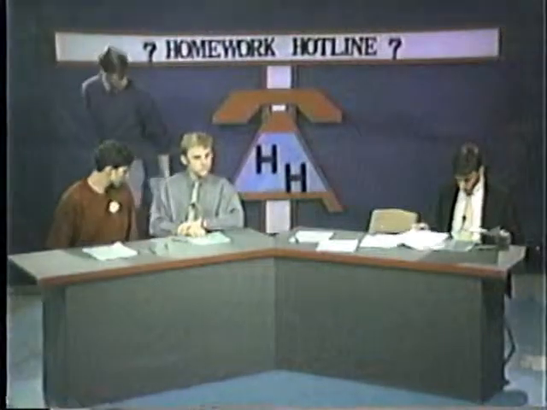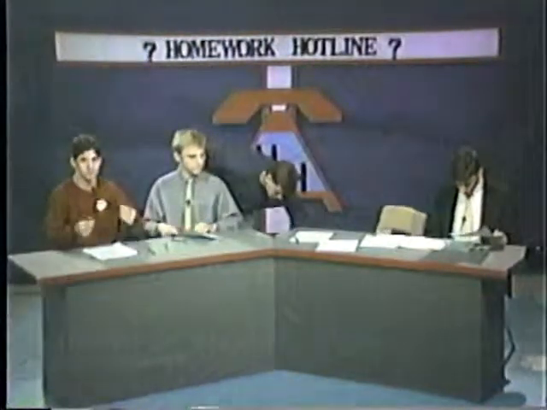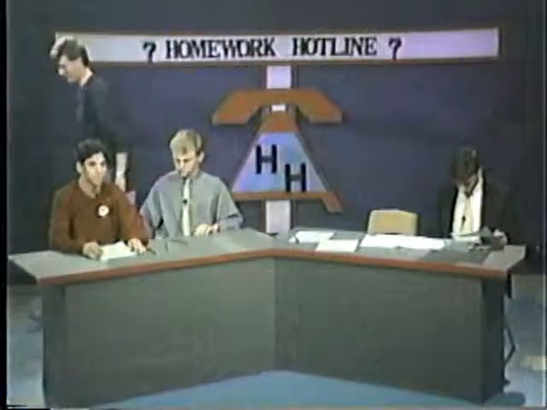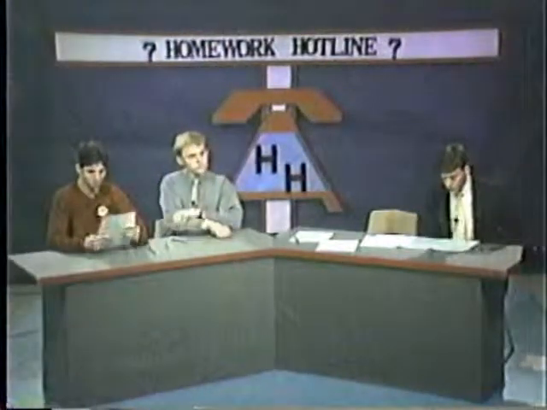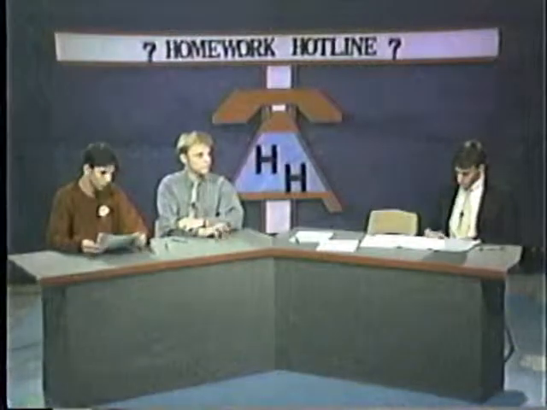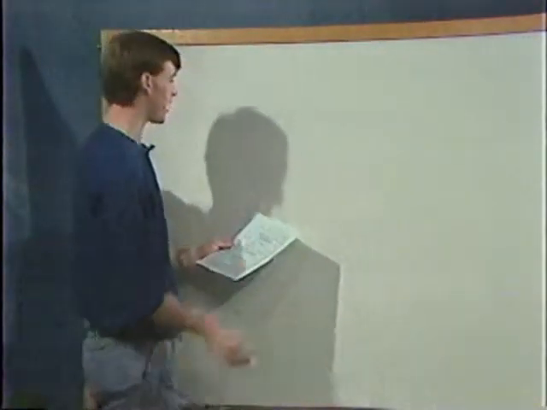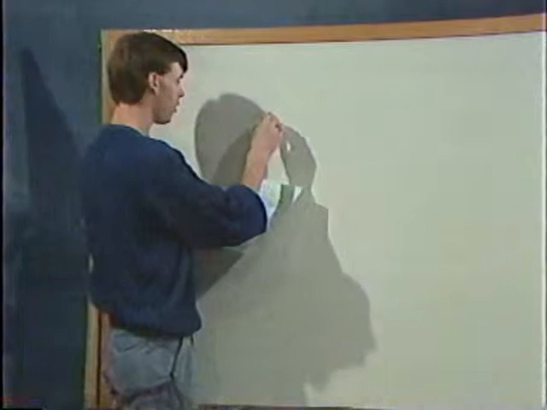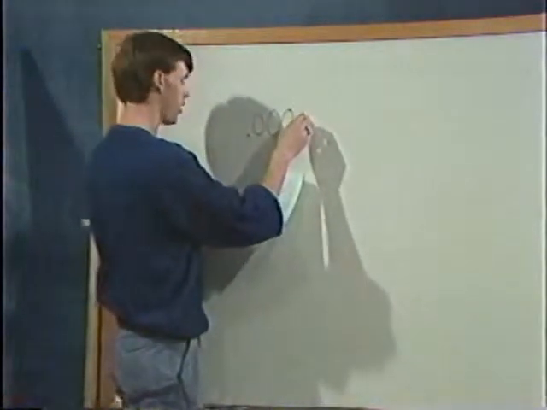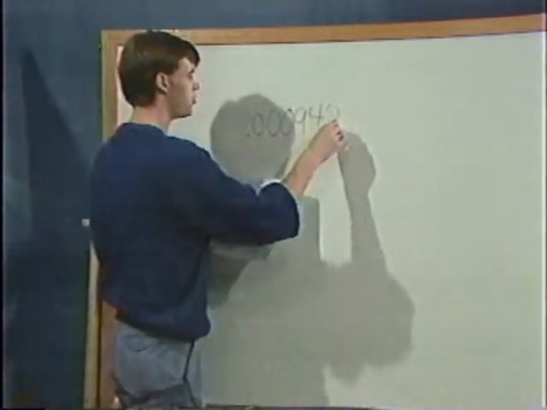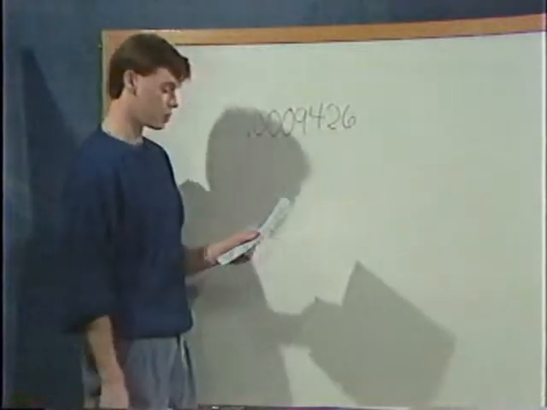My next problem was from Susan, a 6th grader at St. Mary Elementary. It pertains to math and is easiest worked at the board. Susan would like the decimal 0.009426 in scientific notation.